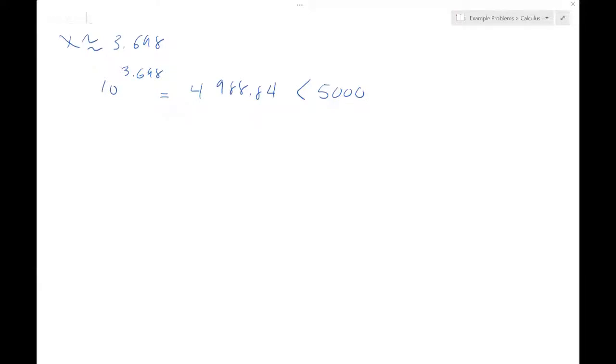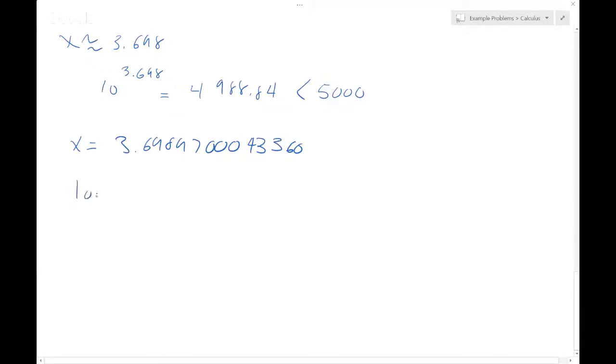So then if we actually take the time to find the real answer, we'll end up with x being equal to 3.69897000433, which is what we want. And that'll give us the answer to our initial equation.